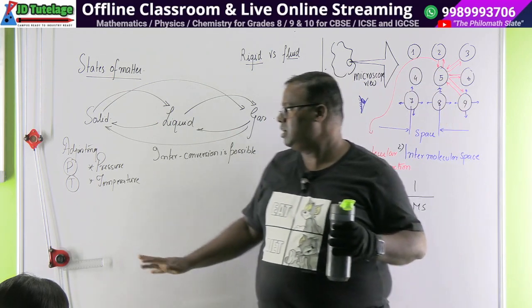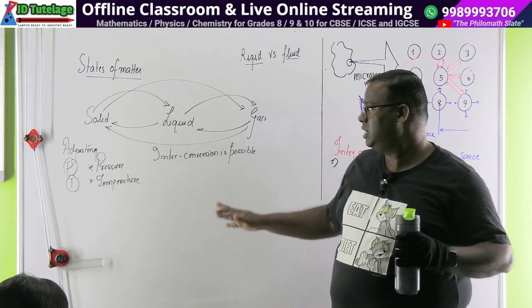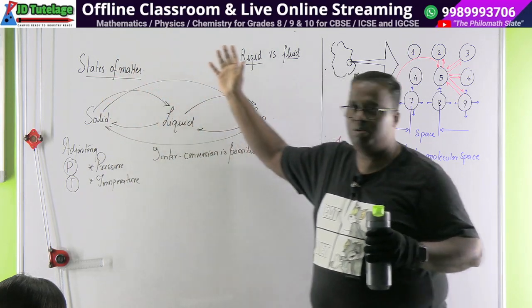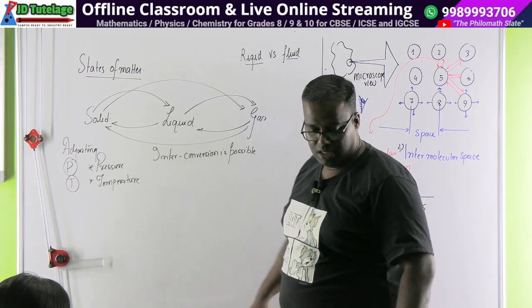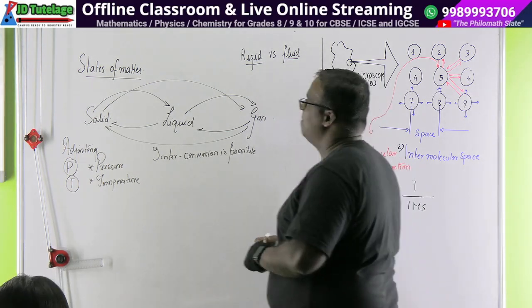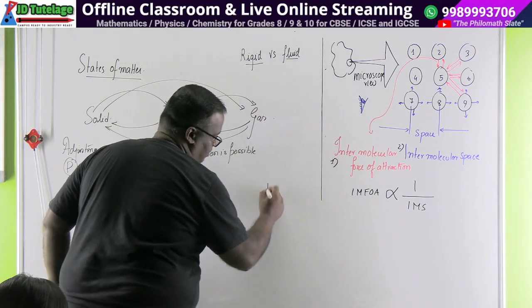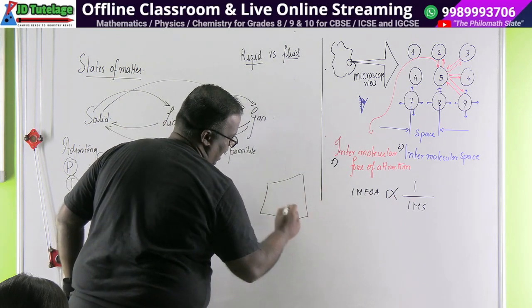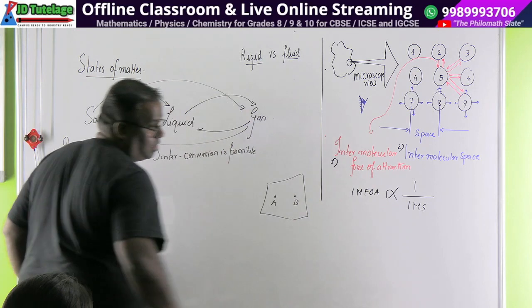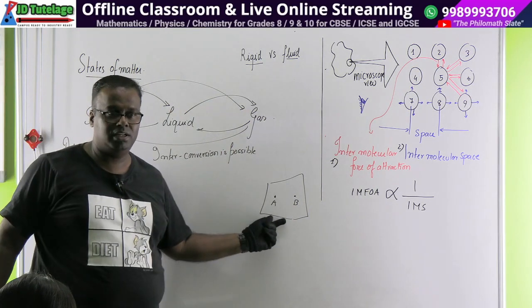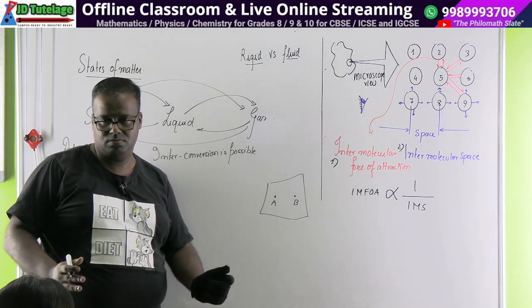Rigid means rigid. You know what is rigid? This board will be considered rigid. The exact definition of rigid as per physics is: take a piece of matter and point out 2 points in it, A and B, and subject this piece of matter to external forces.